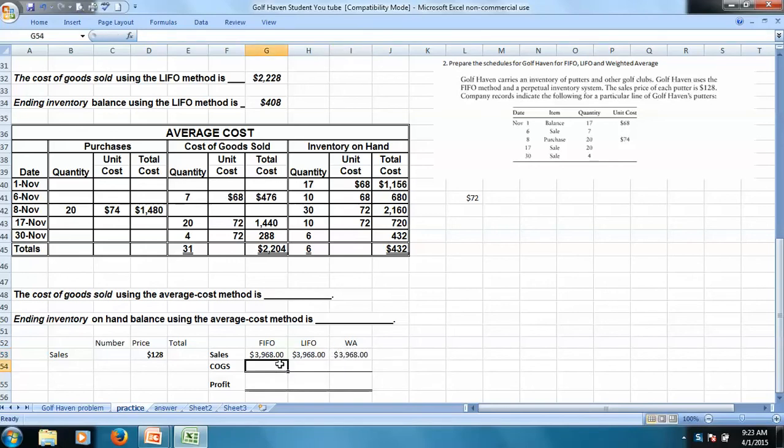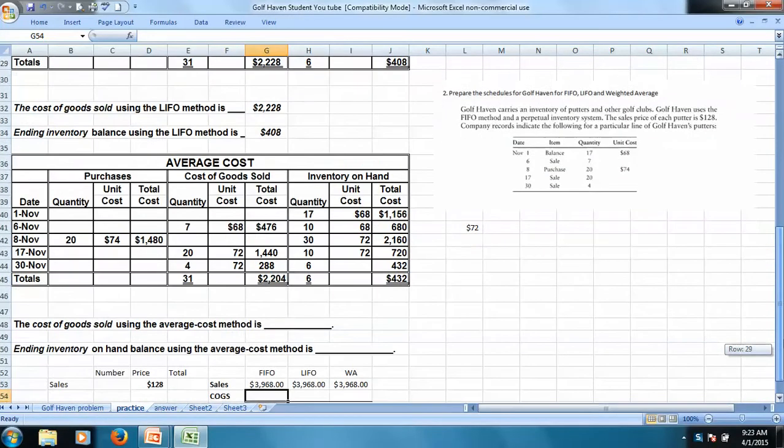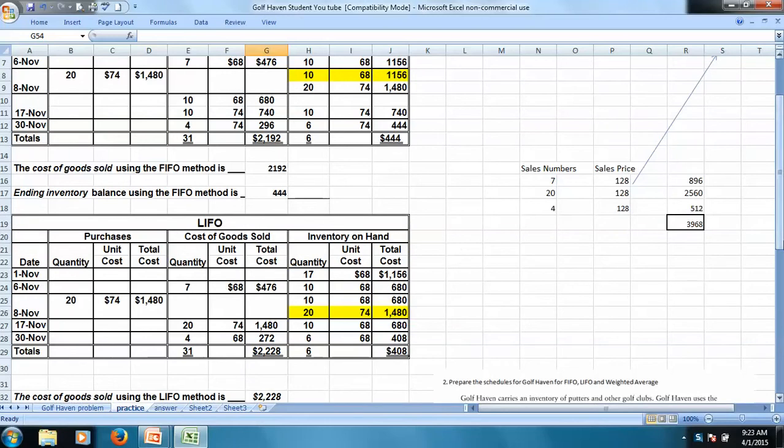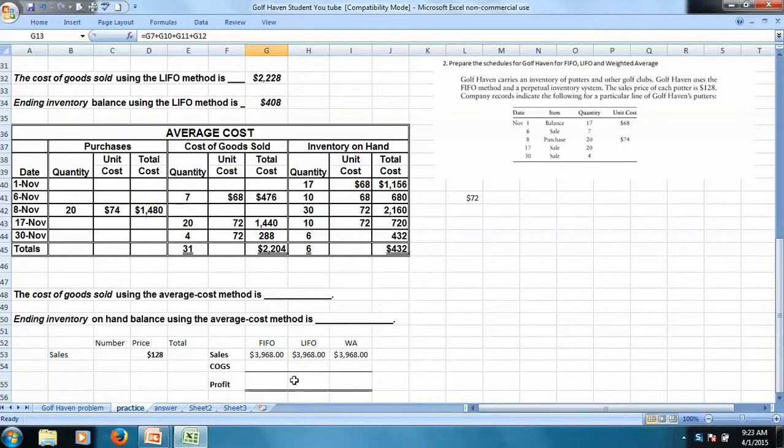But what changed is the cost of the goods sold. We're going to go ahead and look in each of our tables. Under FIFO is $2,192. There you go. Cost of your goods sold, $2,192. Under LIFO, it was 2228, and under weighted average, it was 2204.